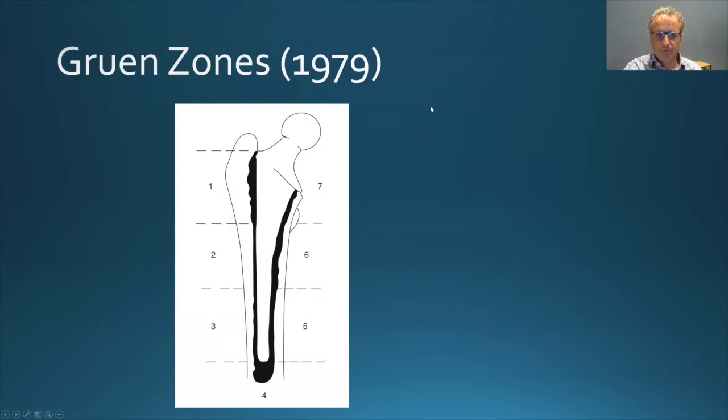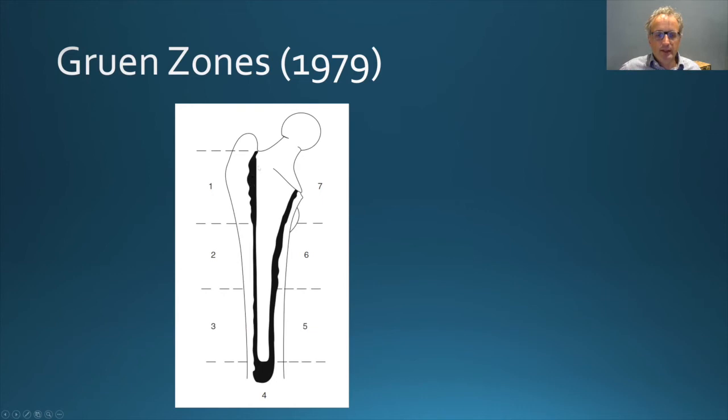Gruen and Amstutz in 1979 looked at 302 failed cemented stems, and they came up with some quite useful things that we still use today. One of them is the Gruen zones.